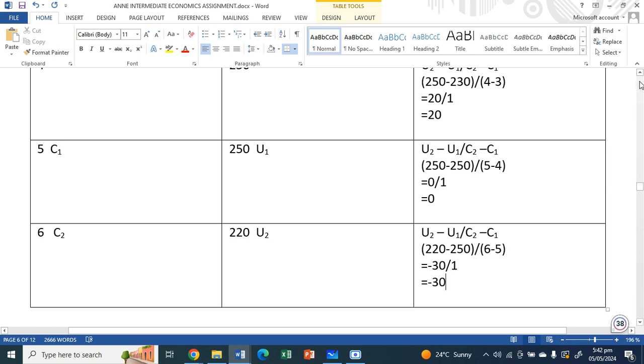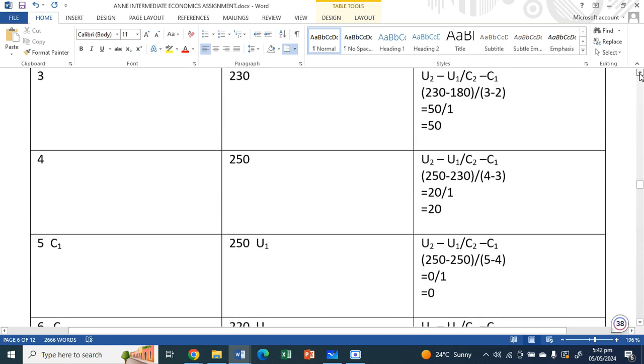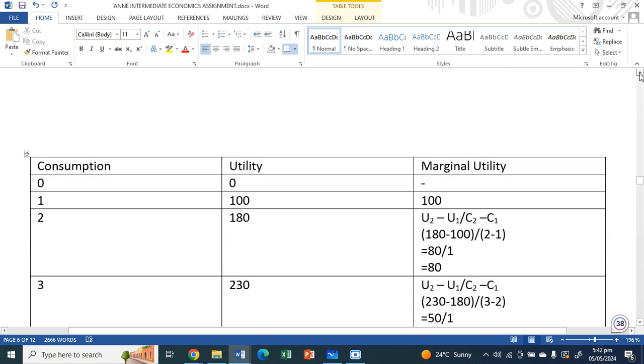Okay, so if you want to know where the law of diminishing marginal utility starts, it starts where the marginal utility starts going down.